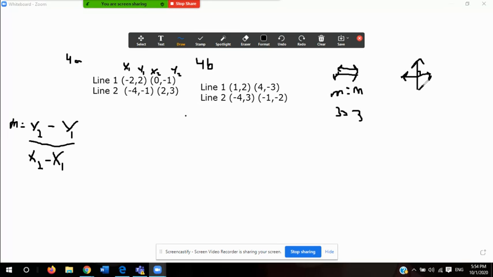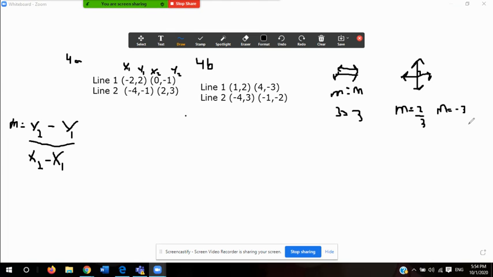So what does that mean? Well, for example, if the slope of one line is 2/3, the slope of the other line has to be -3/2. And that would mean that both of these lines are perpendicular.